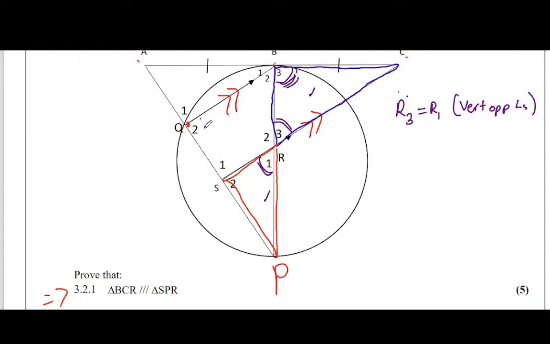So B3 is the same as Q2, and the reason is the tan chord theorem.